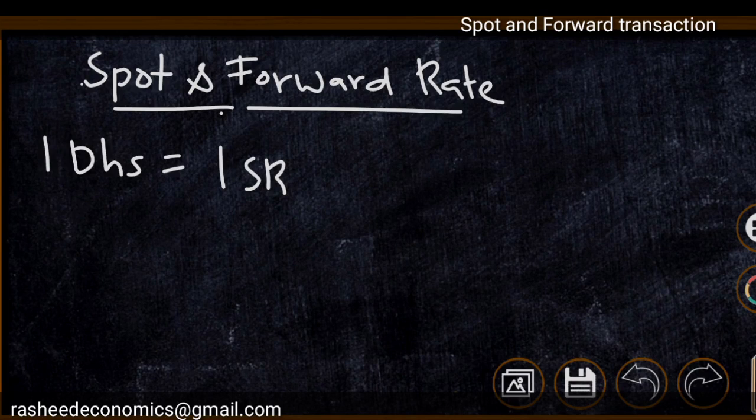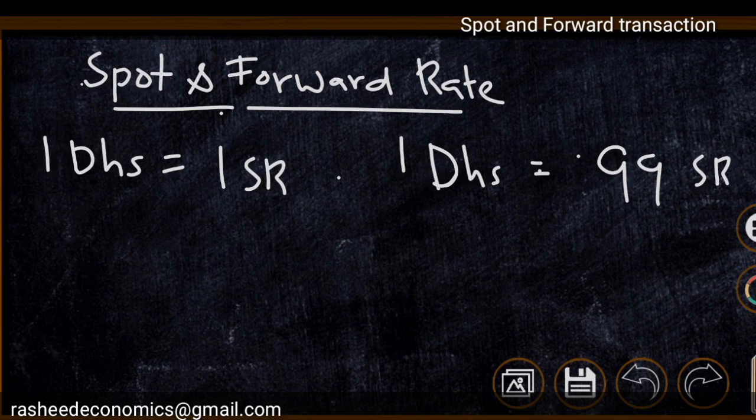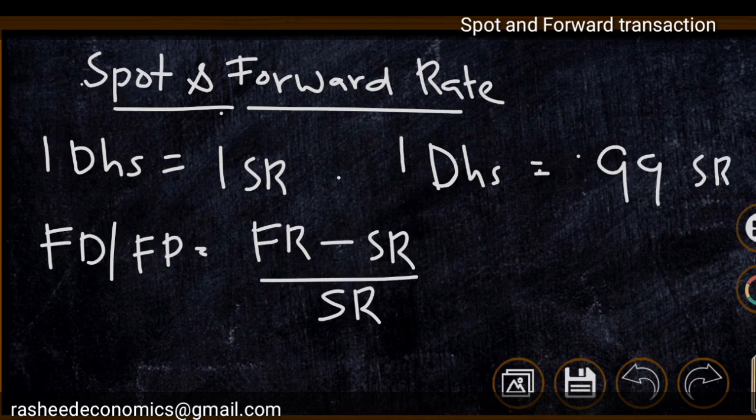Suppose spot rate is 1 dirham is equal to 1 Saudi Riyal, and forward rate is 1 dirham is equal to 0.99 SR. The formula is forward discount or forward premium is equal to (FR minus SR) divided by SR into 4 into 100.